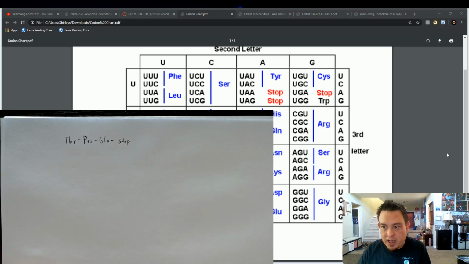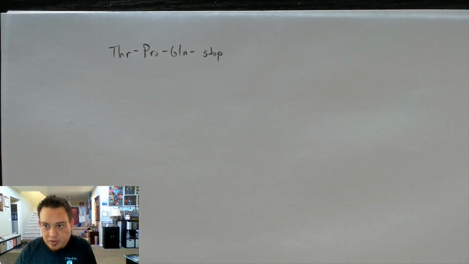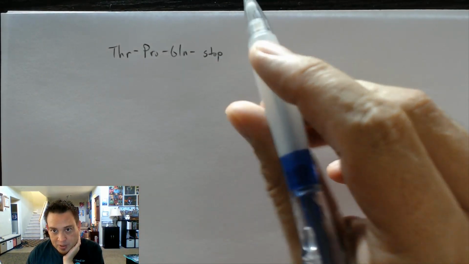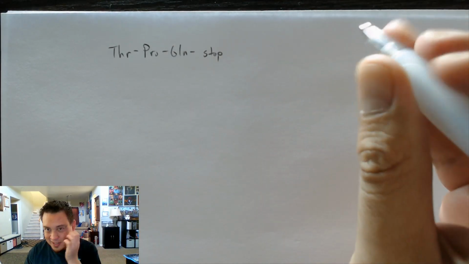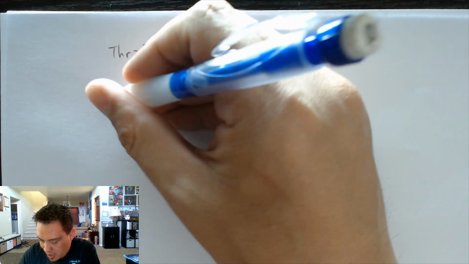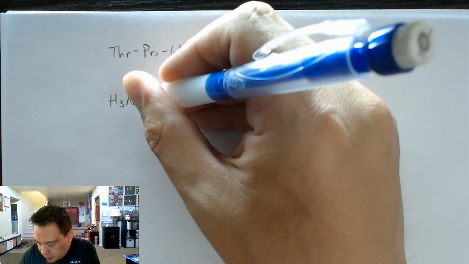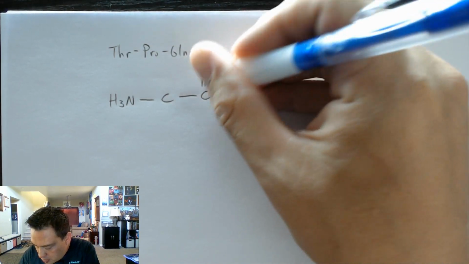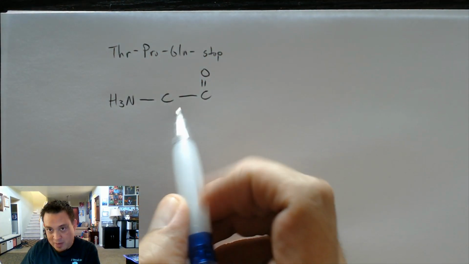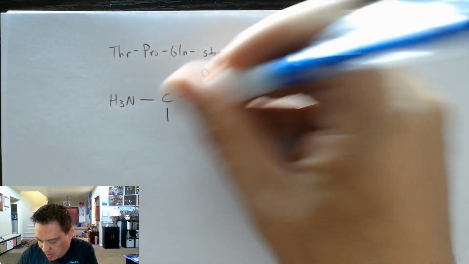All right, so I just want to go ahead and draw this out here. So I actually want to draw out this peptide sequence. Remember, the convention is N terminus to C terminus. So I'm going to go ahead and have them charged as well. So remember, this carbon in the middle is where the R group is going to be attached.